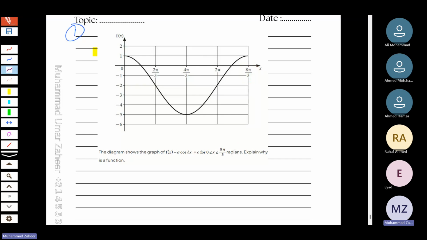Yes, everyone look at the graph and tell me why it is a function. What is the definition of function?